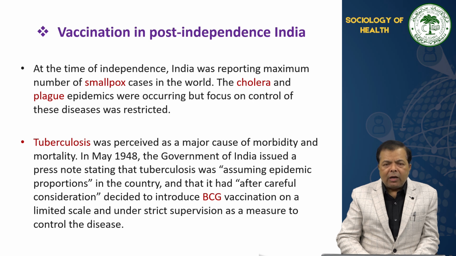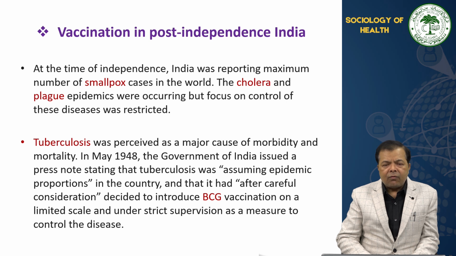So, at the time of independence, India was reporting the maximum number of smallpox cases in the world. The cholera and plague epidemics were occurring, but focus on control of these diseases was restricted because the focus was more on smallpox. We talked about this in the previous lecture also. Then there was another problem, that is tuberculosis. Tuberculosis was perceived as a major cause of morbidity and mortality.